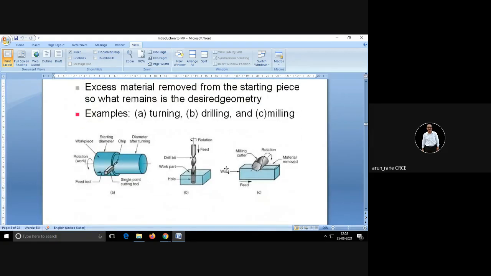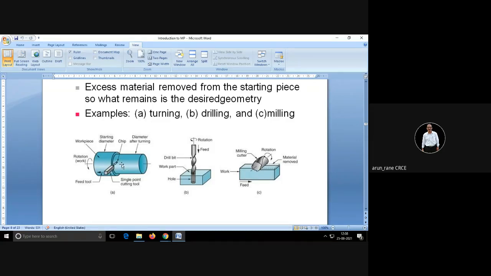Material removal process, I hope you are familiar. This is a lathe. In lathe, the component is rotating and the tool moves to and fro. Remember, in case of milling, the workpiece moves to and fro, and the tool or the cutter rotates.